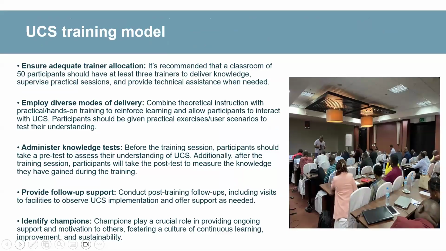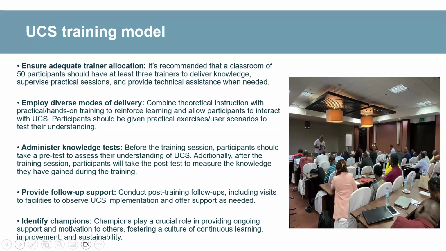Yeah, so this is now the training itself. Here, we need to ensure trainer allocation. As I said before, in a class of 50 participants, the recommendation was to have at least 3 trainers who are there to impart knowledge to participants, supervise the training, especially the practical sessions, but also provide any technical assistance that is needed.